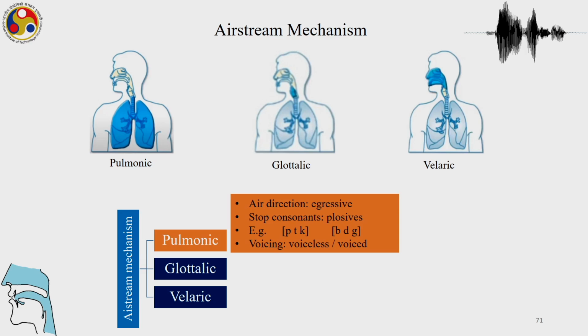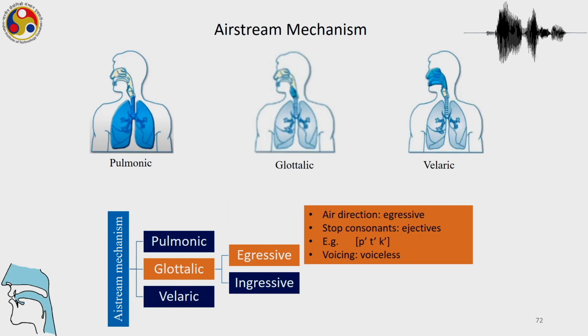For the production of the pulmonic egressive airstream mechanism, the air is pushed out of the lungs, and then the vocal tract gives the shape to the sounds which are produced. So all normal sounds are produced by the pulmonic airstream mechanism, and also then there are others like the glottalic, where the airstream is egressive and can produce sounds like ejectives, and we have mostly voiceless egressive sounds.